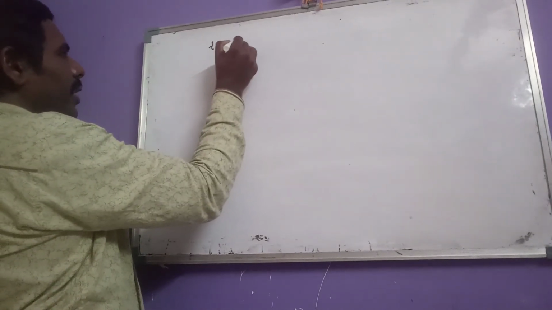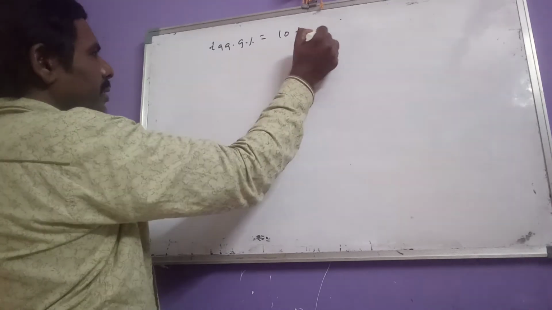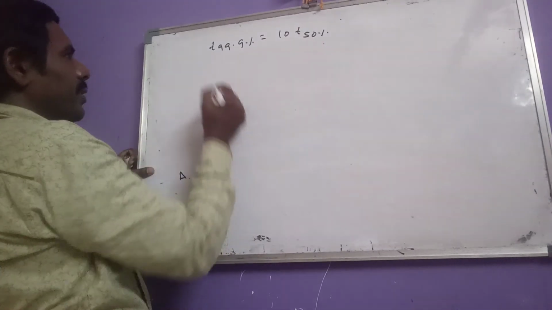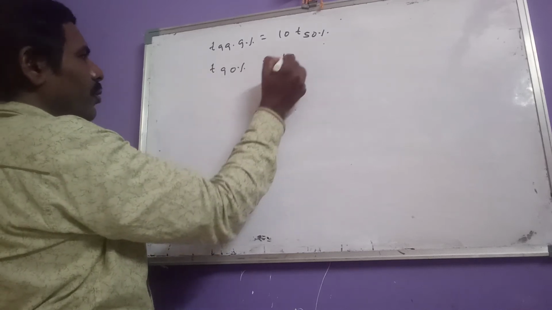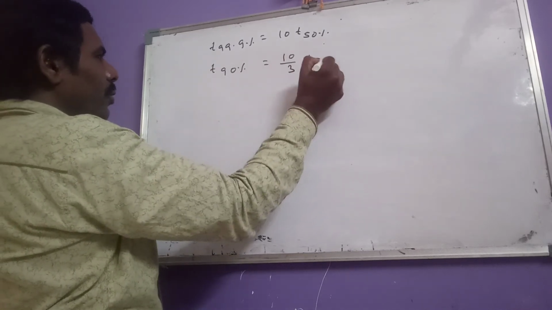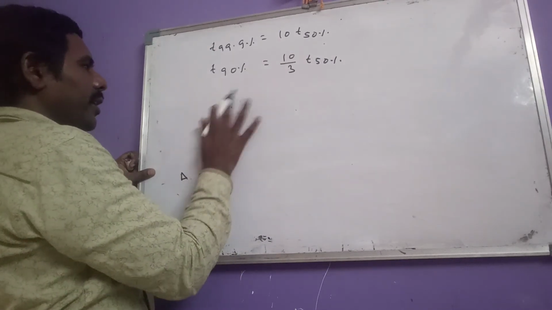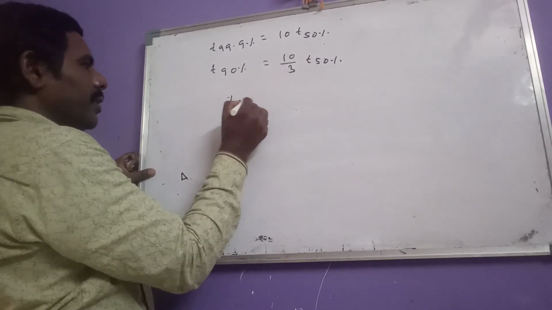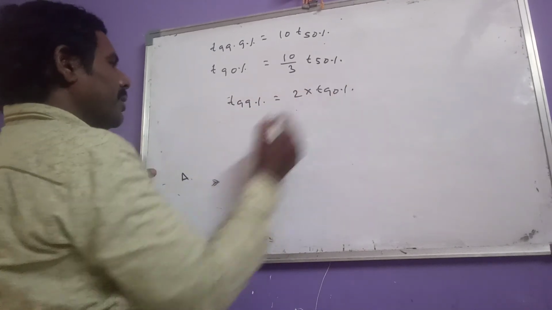T 99.9% equals 10 into T 50%, and then T 90% equals 10 by 3 into T 50%, and another relation, T 99% equals 2 into T 90%.